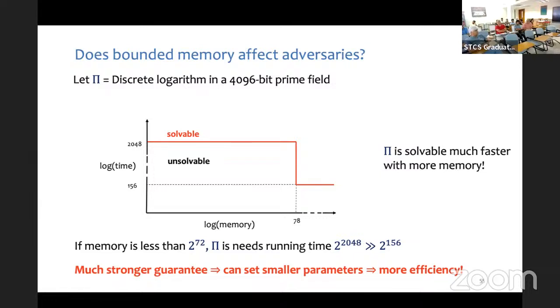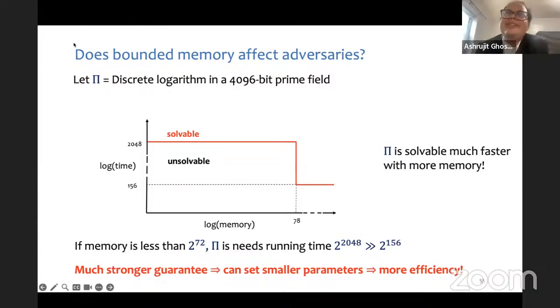My question is more about the unsolvable part. You're stating that if the memory is less than a particular concrete number, then it requires much more time. This is on an assumption. What is the concrete efficiency assumption? So this graph is based on best known attacks. There's no proof that discrete logarithm is unsolvable in this regime.